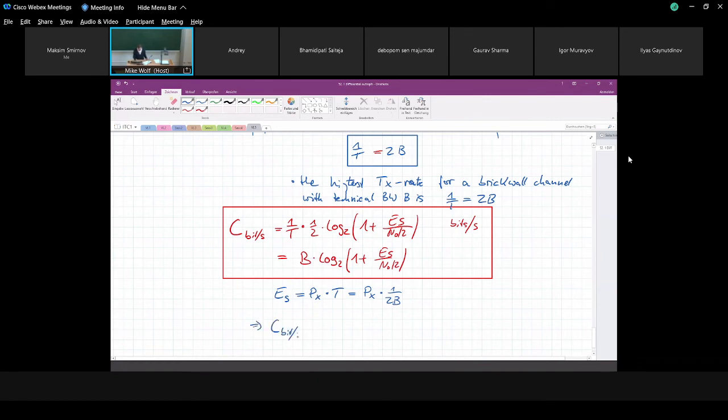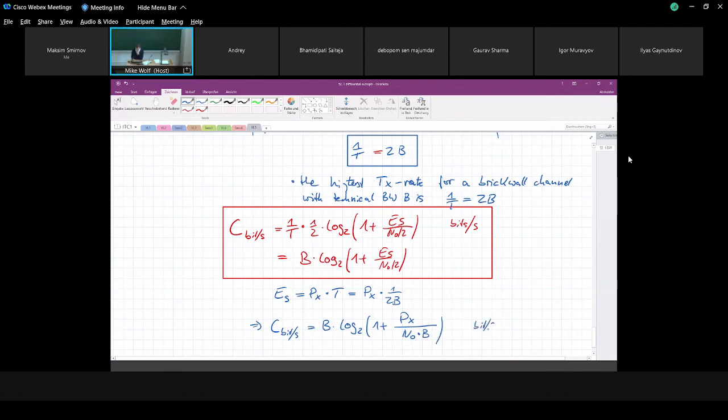Right? And now we insert this in the original expression, and what do we get? Capacity in bits per second would be bandwidth times log 2 of 1 plus, and now we get an expression where we see the transmit power, because we can substitute this energy per symbol by the transmit power Px, divided by N0/2 times 2B, which is N0, the physical or the technical noise power spectral density, times the bandwidth.